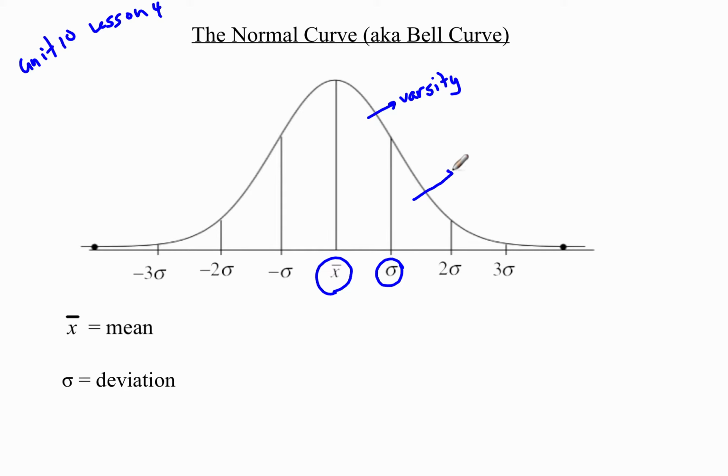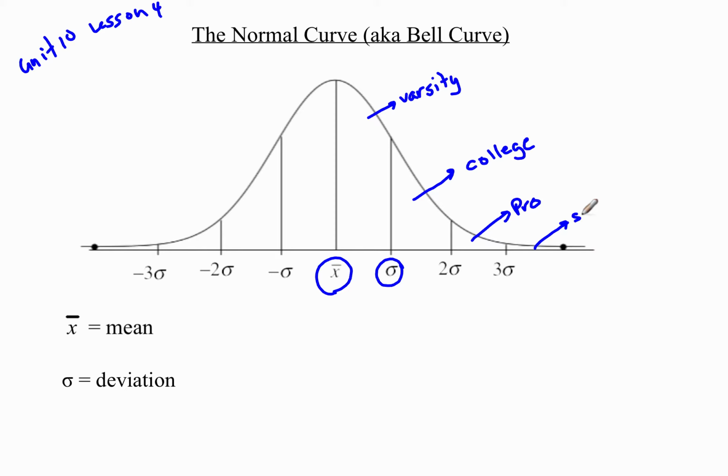This next, second standard deviation, that could be your college athletes, those who go on to play college. They're better than average. They're better than your average varsity player. And then right here, these could be our pro players. And then, well, what's left for right here?